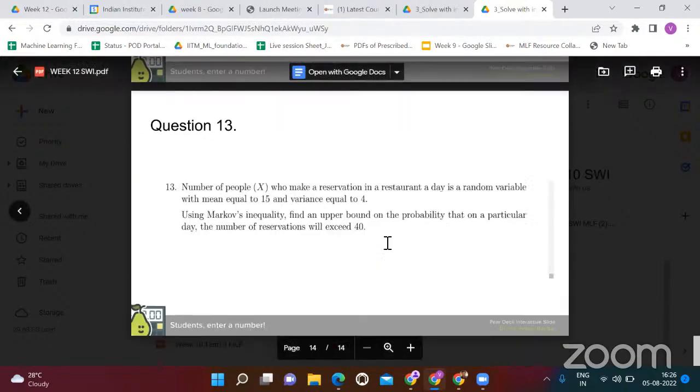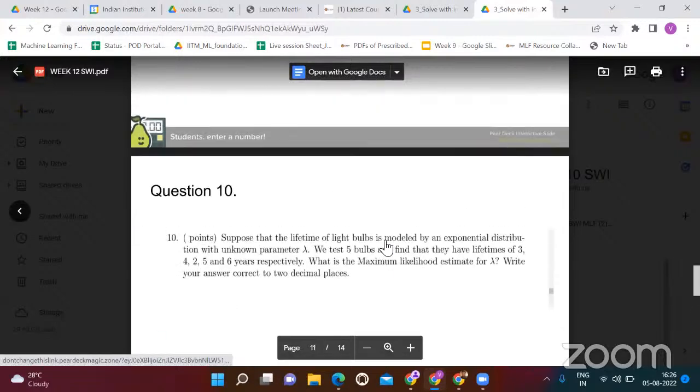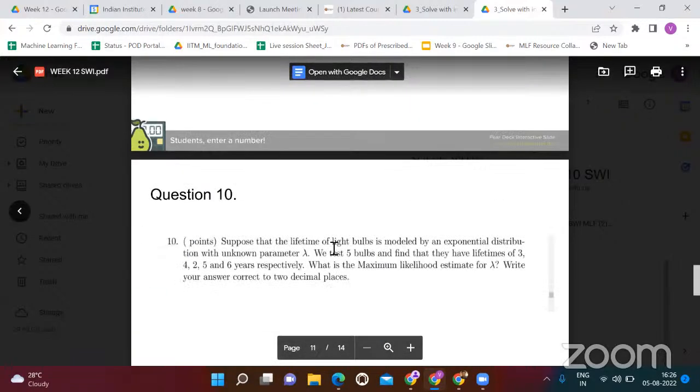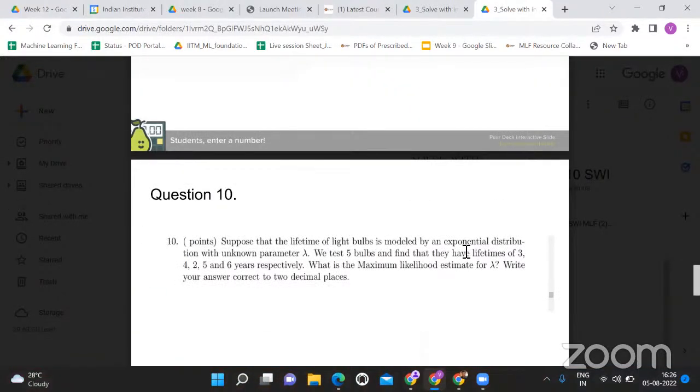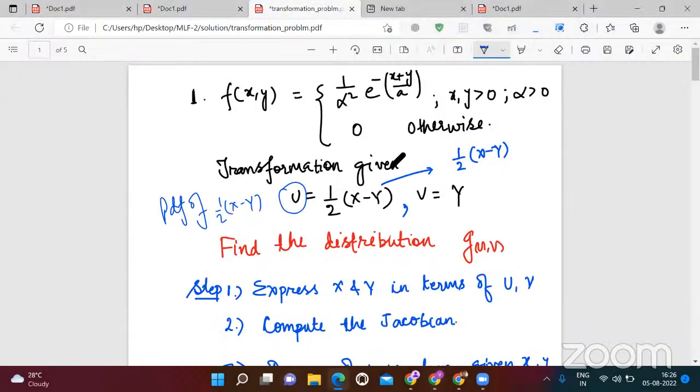For example, suppose the lifetime of a light bulb is in the form of an exponential distribution with some parameter lambda, so lambda you need to estimate. For the exponential, I'll tell you the basics.